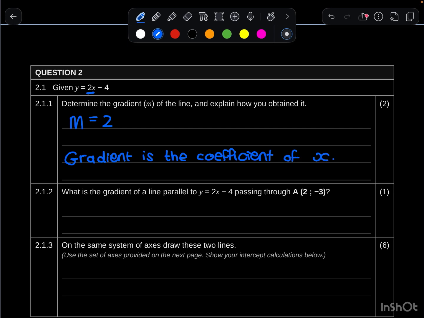The gradient of the line is always just the number in front of the x there. What is the gradient of a line parallel to this and passing through this point?